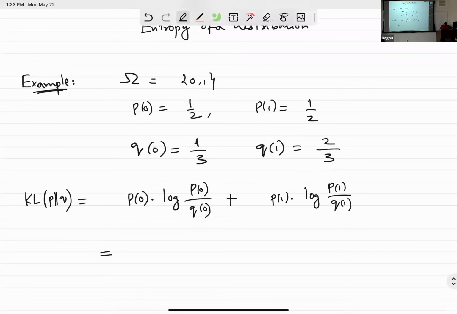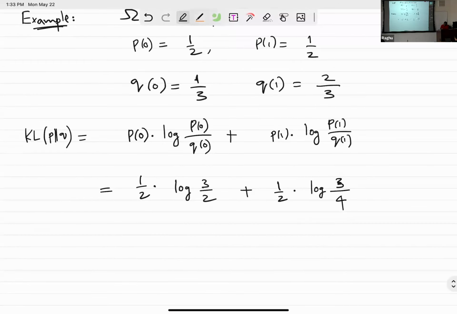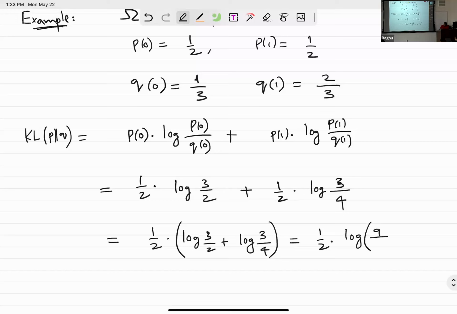So which is half times log of 3/2, okay, plus half of log of 3/4.